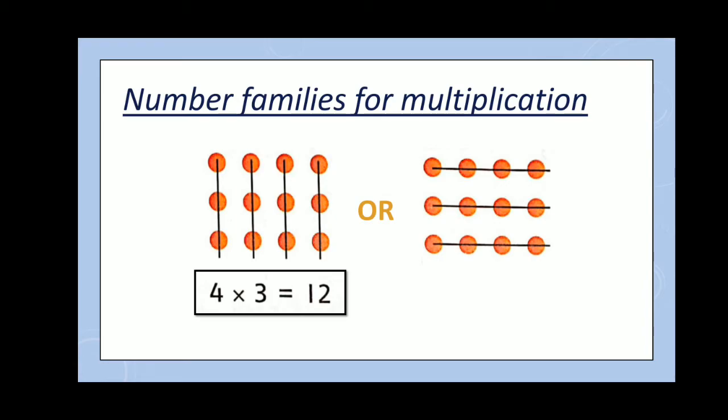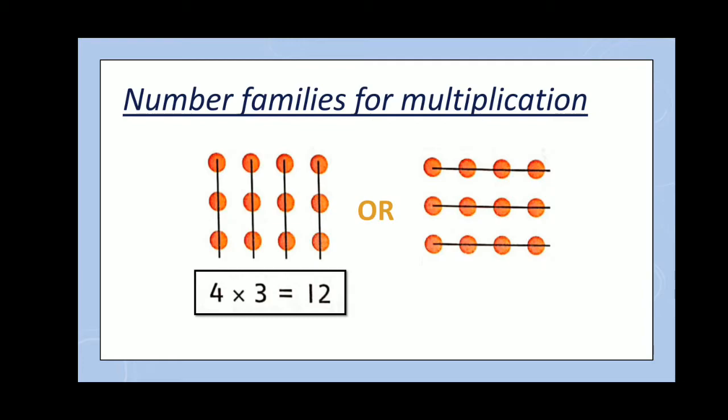There are 4 columns here: 1, 2, 3 and 4. And 3 rows given in vertical way. When you multiply this, you can write 4 multiply 3 is equal to 12.